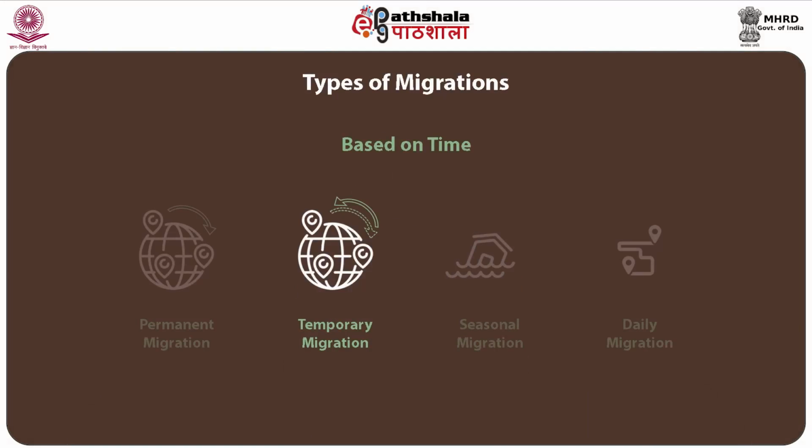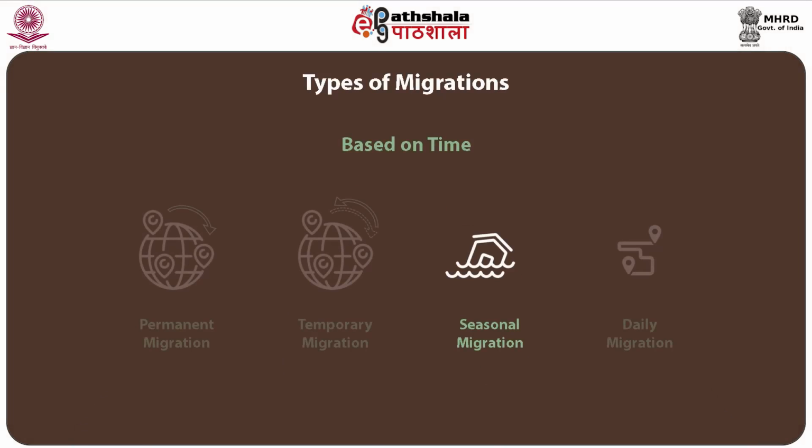Temporary migration is, to some extent, time specific, and people might go back to the native place after some period of time. Seasonal migration is associated with seasons, particularly depending on economic and employment opportunities.